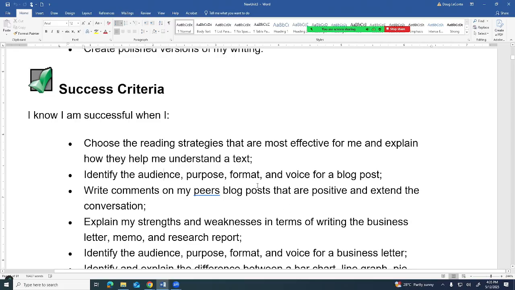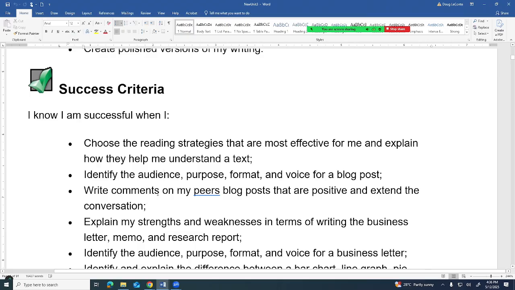That is somewhat different from what we've been doing in the course so far. We haven't focused in on business writing or business English previously.